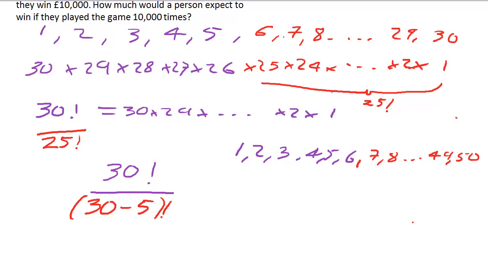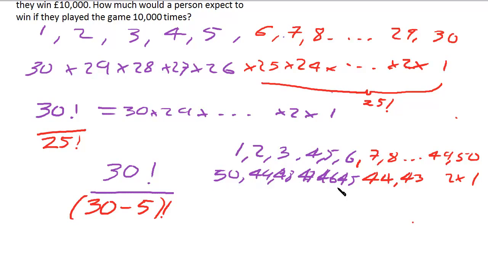And therefore, you would have numbers that you want, 50, 49, 48, and so on, all the way down. Actually, better just write it out: 47, 46, and 45. Take 6 away from 50, and you get your first number we're going to start off here at, 45, 44, 43, all the way down to 2 times 1.